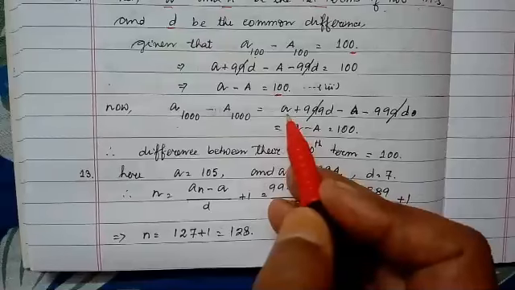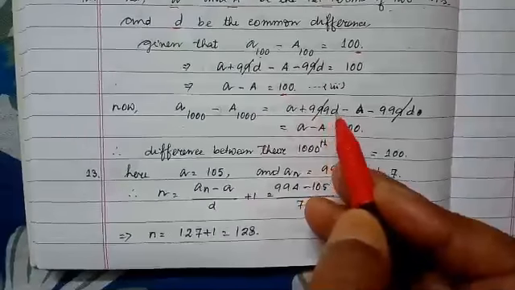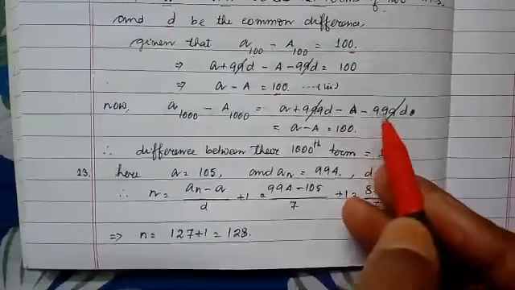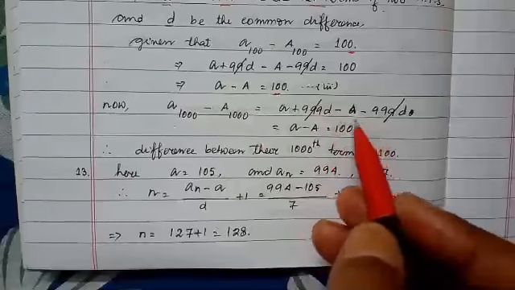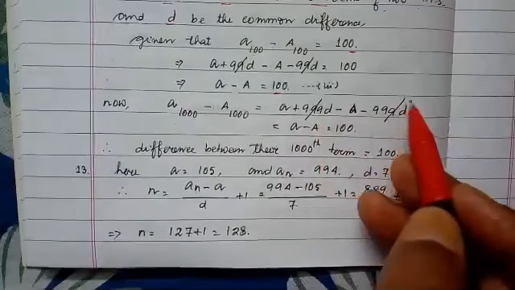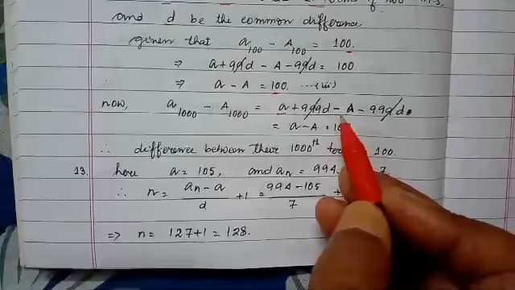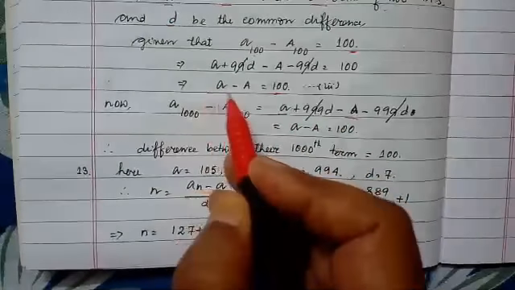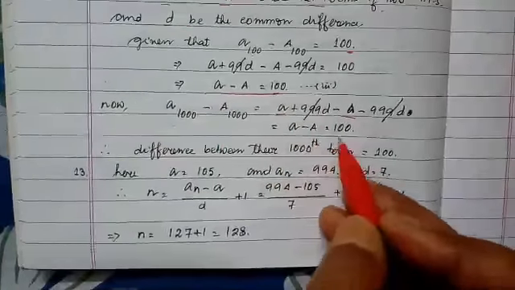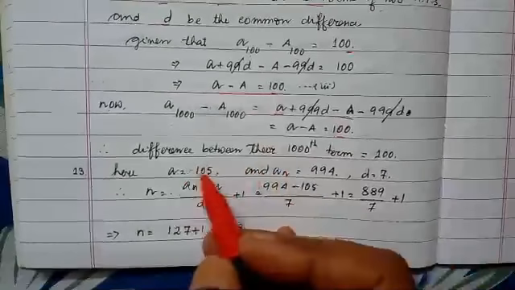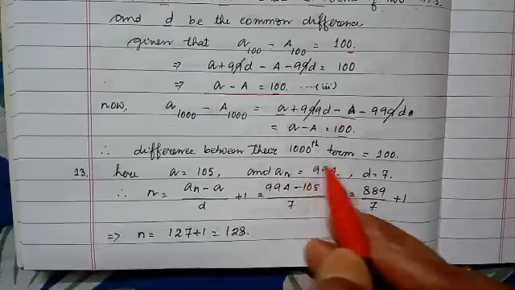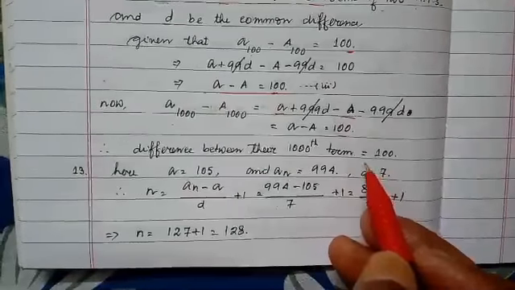That is equal to a plus 999d minus capital A minus 999d. Now 999d and minus 999d cancel. So small a minus capital A, but small a minus capital A is equal to 100. So this is equal to 100. So what do you get? The difference between their 1000th terms is also 100.